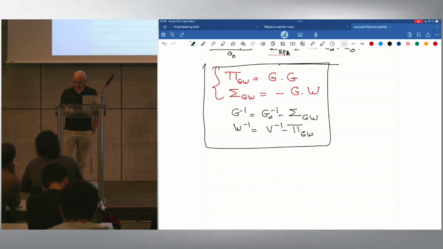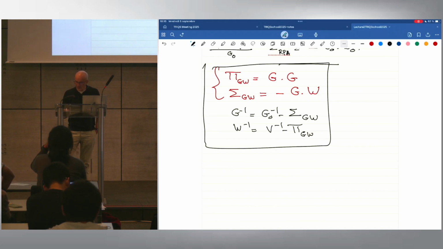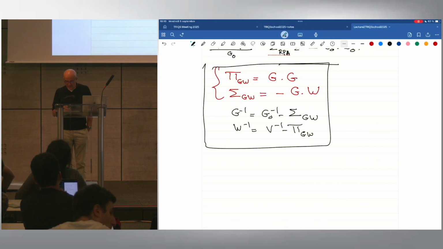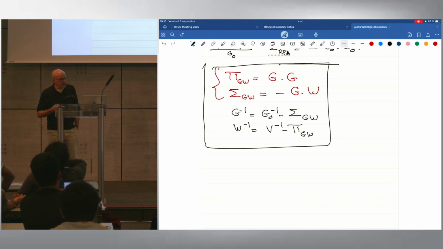That will be my first guess. I'm going to do pi naught and sigma naught. Then I'm going to put this into this Dyson equation, invert the whole thing, which may require going to Fourier and frequency space, not necessarily. And then calculate a new pi and sigma, and iterate all this over self-consistency.